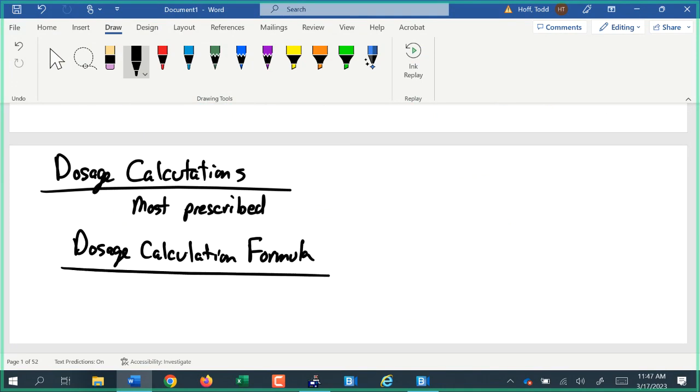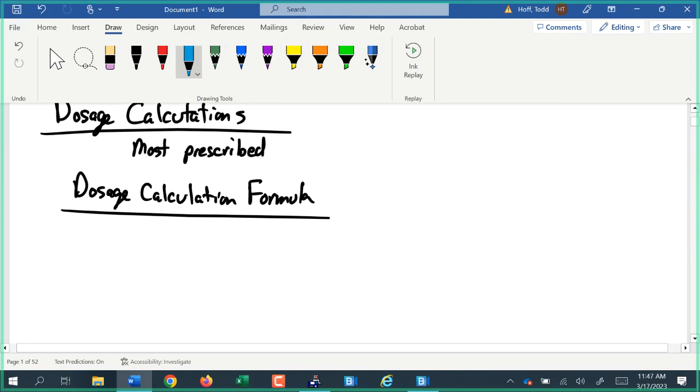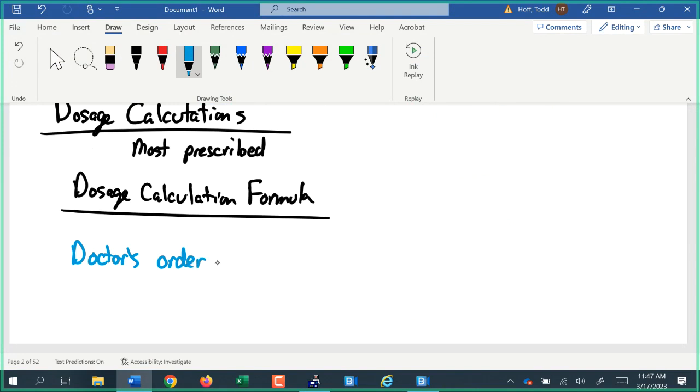So actually, before I get into that, I should probably go through a little bit of the process. What we're going to be dealing with is 3 different amounts here. The first is the doctor's order. The doctor is going to say the patient needs this much medication. Well, then we have to look at what's called the on-hand dose.